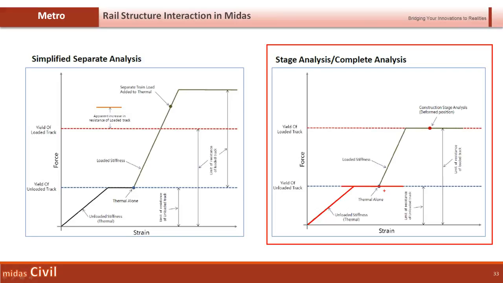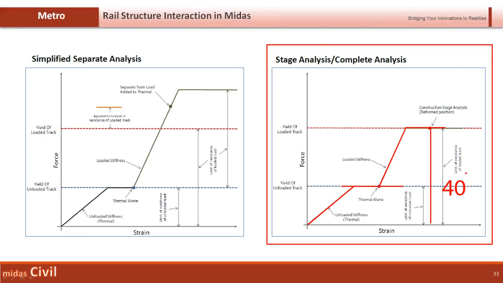Whatever deformations and stiffness have occurred due to the unloaded stiffness will remain in place. Now when we add the loading over the bridge, it will continue from the thermal alone point with the loaded stiffness slope. So we get the final as 40 kilonewton per meter. So we over design a little bit if we do separate analysis. Complete analysis gives you a perfect interaction between the unloaded stiffness and loaded stiffness.